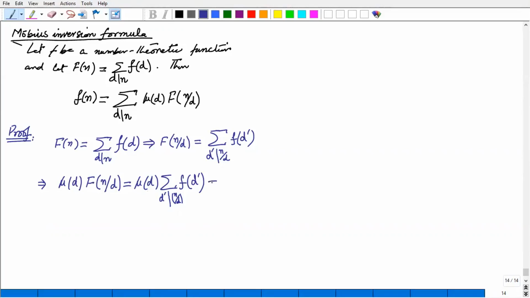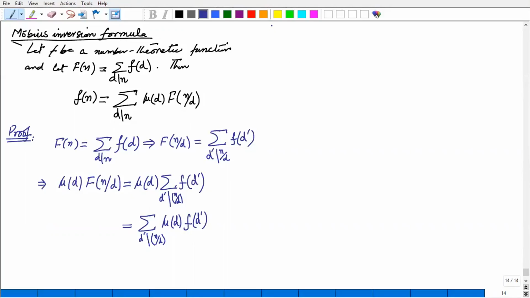So you can write the sum over d prime dividing n/d of mu(d) f(d prime). There is no problem taking mu(d) either outside or inside the sum sign.